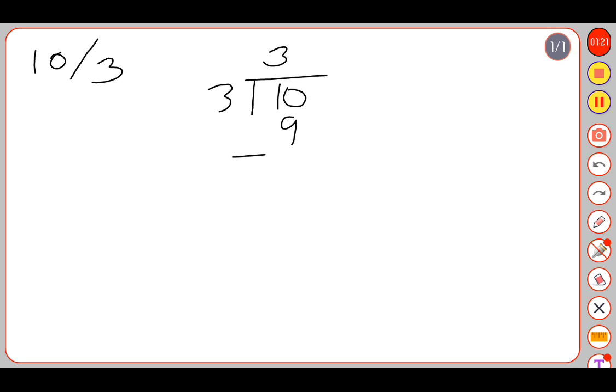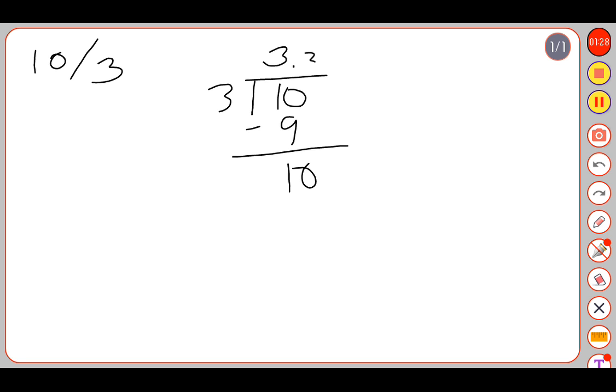First, let us take for example 10 by 3. So here we will write 10 divided by 3. That is here 3 3s are 9, minus, we get 1 here, point, here 0.